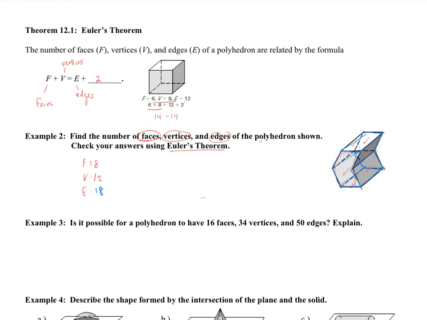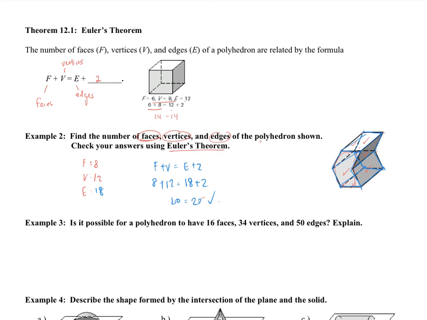So we use the formula to check. 8 plus 12 equals 18 plus 2, so we have 20 equals 20. Yes, it works. Example 3. Is it possible for a polyhedron to have 16 faces, 34 vertices, and 50 edges? Now there's no solid, no polyhedron for you to look at.